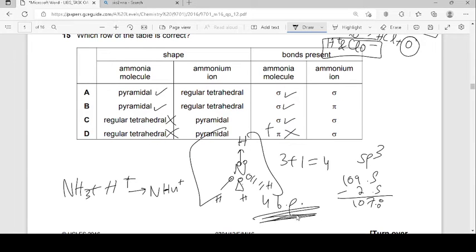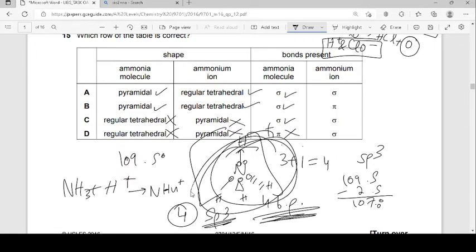Since you have 4 bond pairs, you're getting a steric number of 4, still 4, because there you had 3 bond pairs and 1 lone pair. Here you have 4 bond pairs, so the steric number is still 4, so it's sp3, but there are no lone pairs, so it's 109.5 degrees, which means it's regular tetrahedral. And again, you cannot see any double bonds or triple bonds, so there's no pi bond, so it's just sigma, sigma, sigma, and so your answer is A.